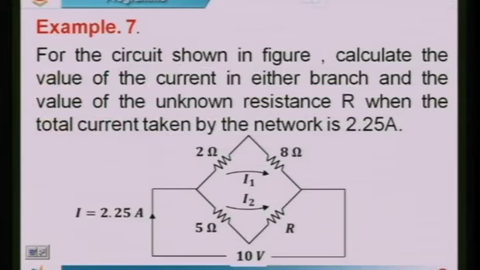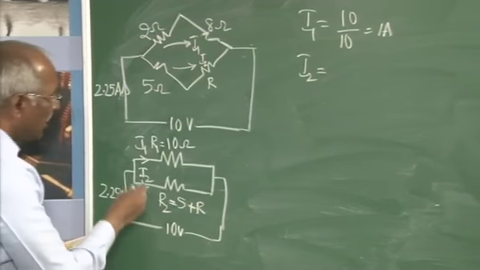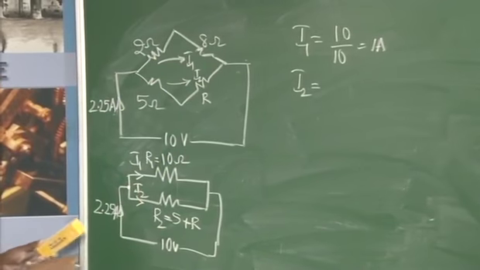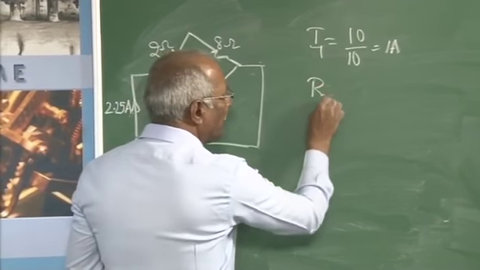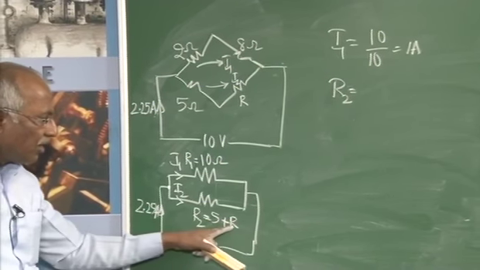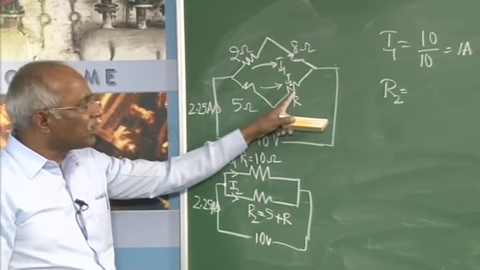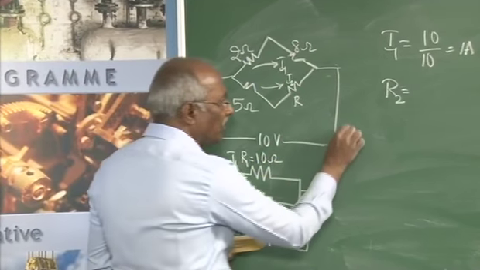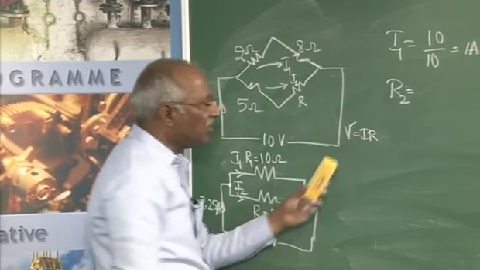Then what will be the value of I2? Next, we have to find out what is the value of R. To find the value of R, I do not know what is the voltage across that. Knowing V is equal to IR, knowing any two quantities, we can find out the third.